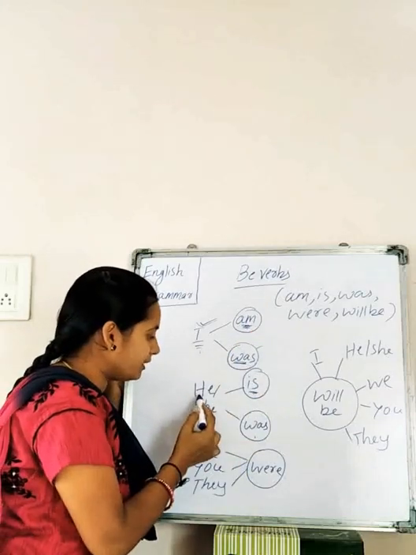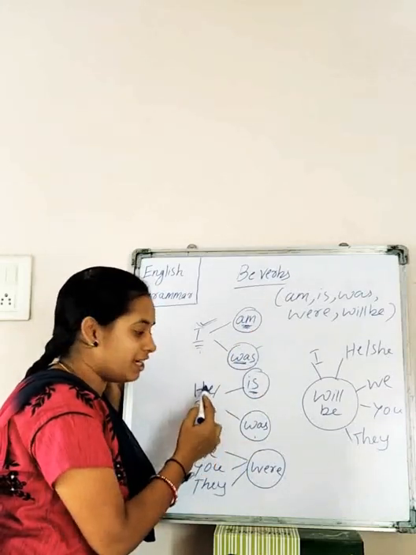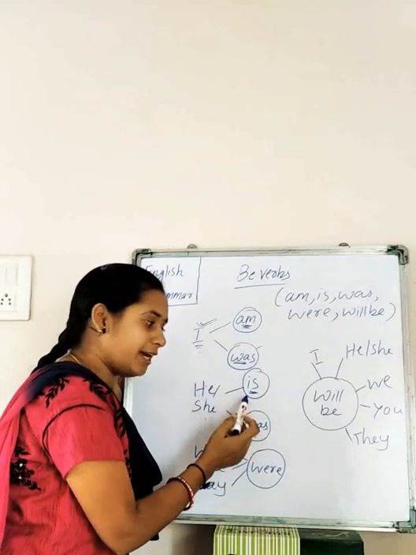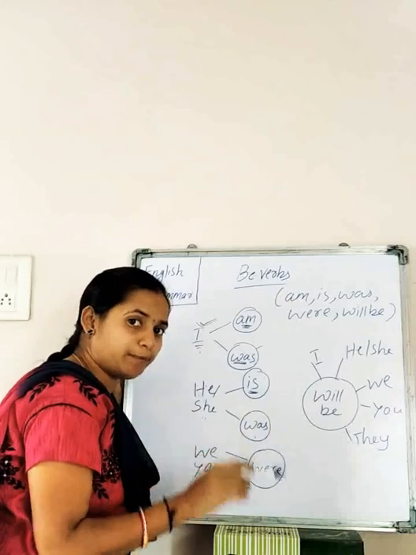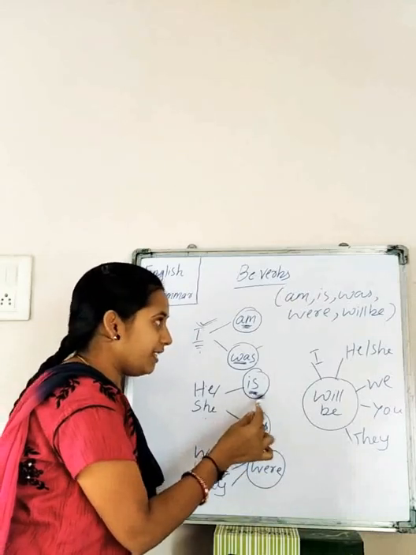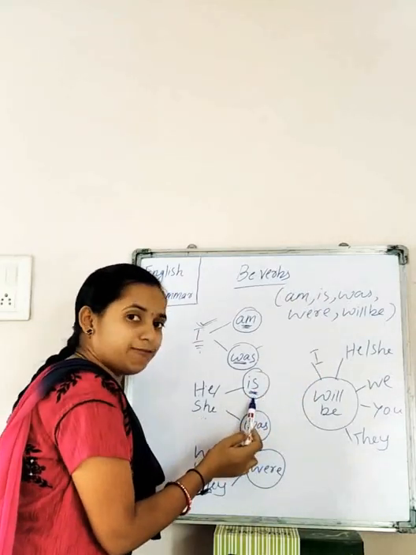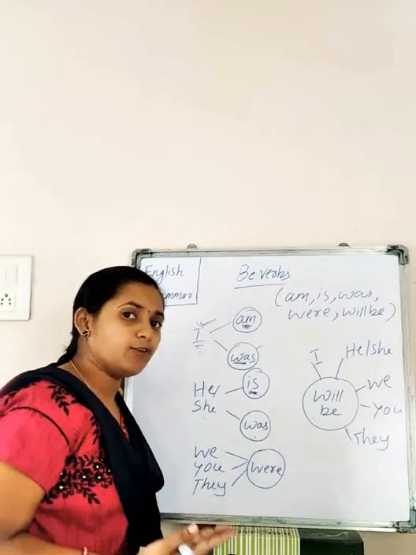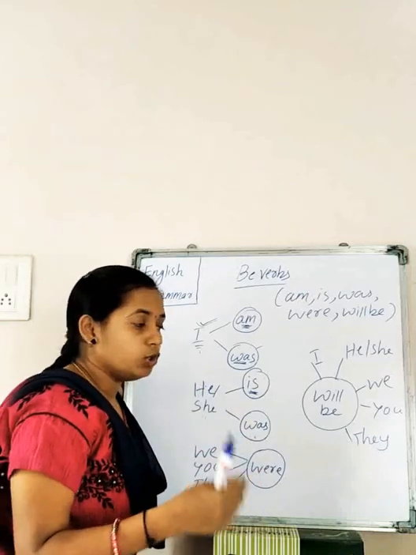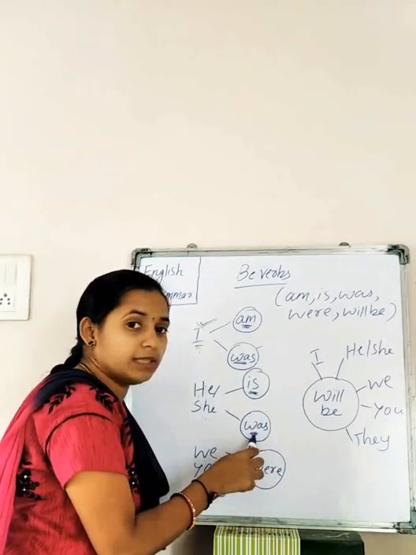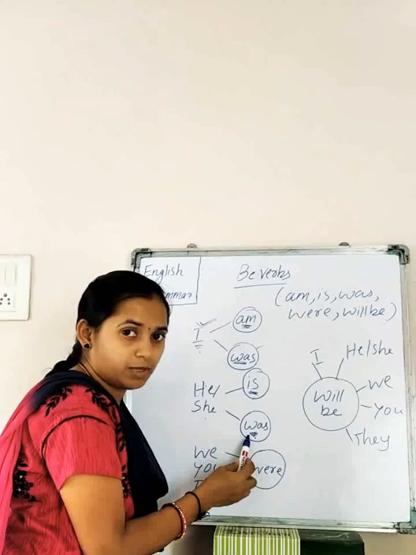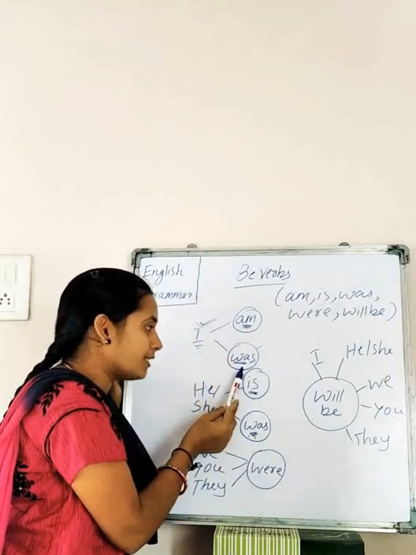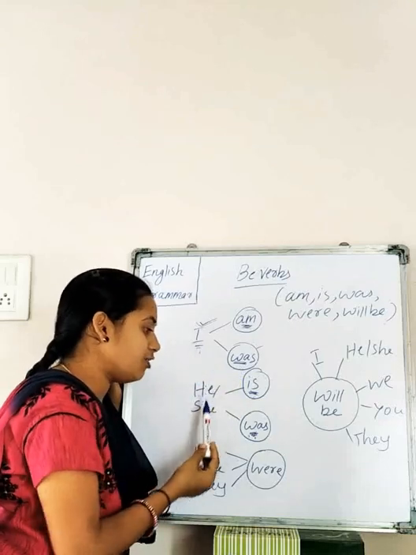But when we are using he or she, at that time we use is, if we are talking about the present. When it is the past tense, that means something has already happened and we are talking about it now, we use the be form was. So am can be used with only I, and was can be used with I, he, she.